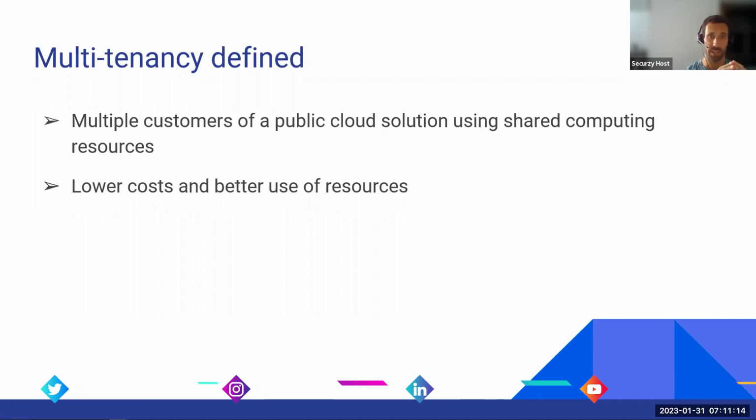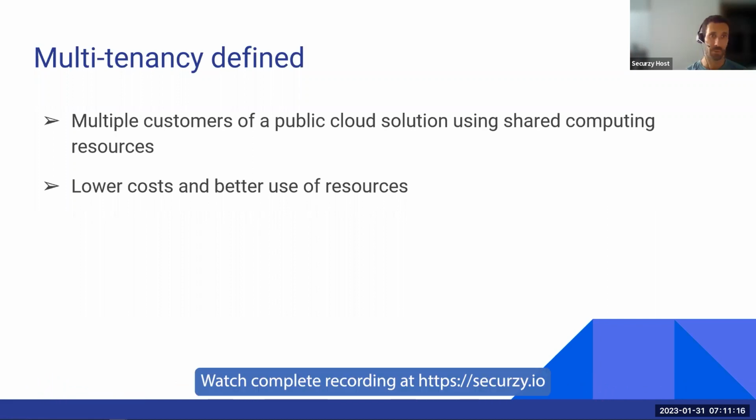That means you are sharing these resources to lower the cost for the customers and for the cloud service providers, instead of having as many systems as the different customers you have. You can mutualize these resources, and that brings multi-tenancy.